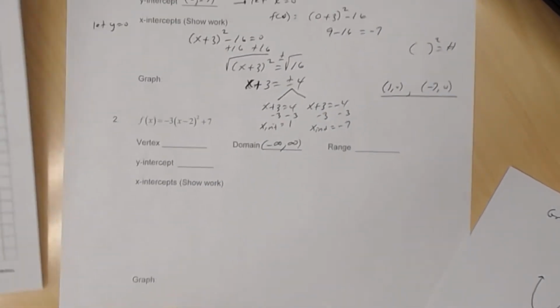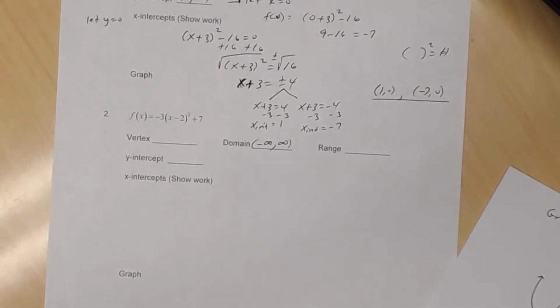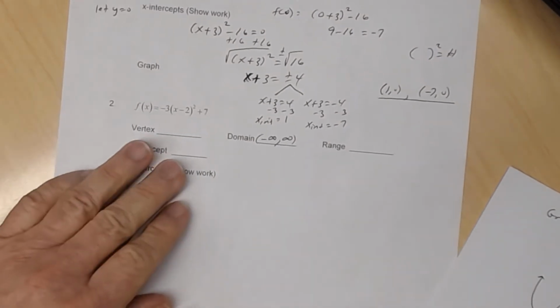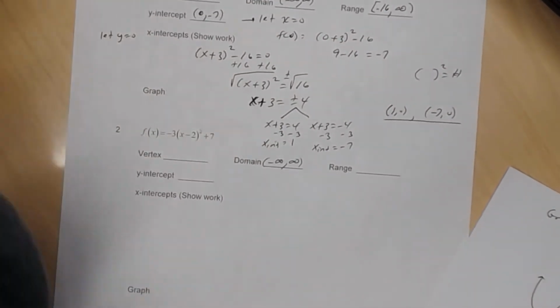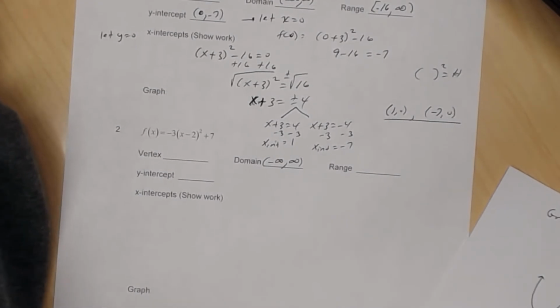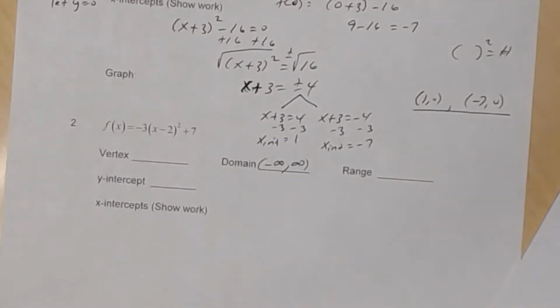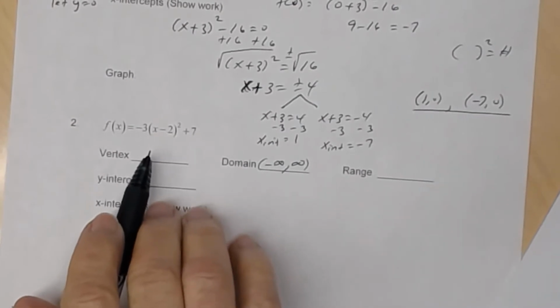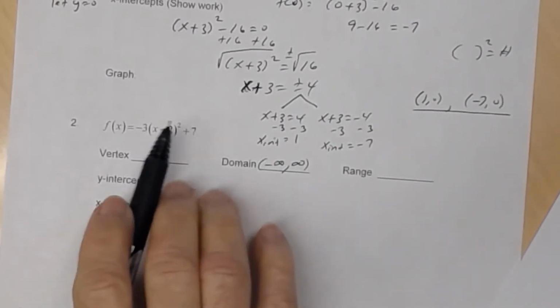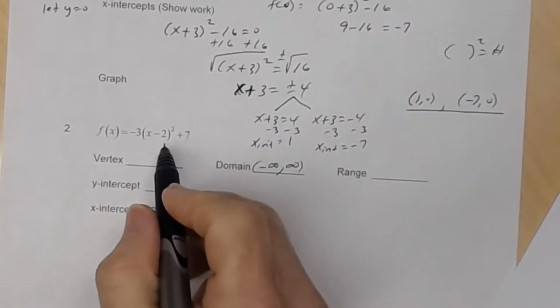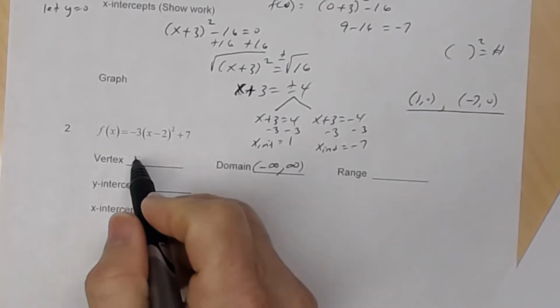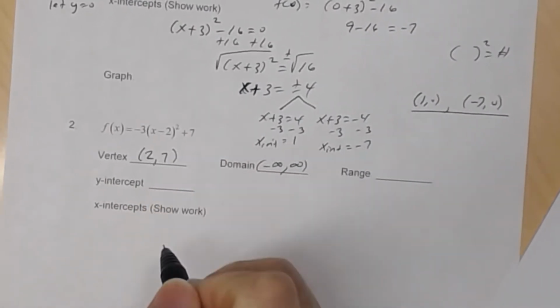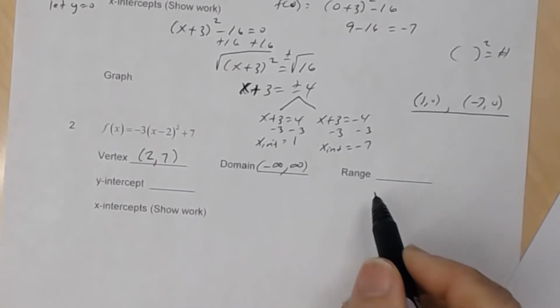Now let's look at number 2. We have this function, and let me go ahead and enlarge it here. At this point you should be able to tell what the vertex is because it's in vertex form. So the vertex is 2, positive 7. Let's talk about the range.